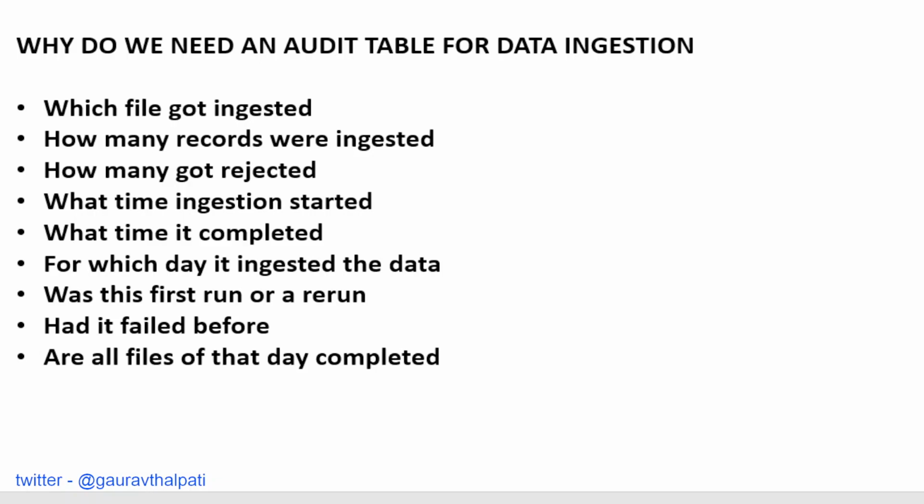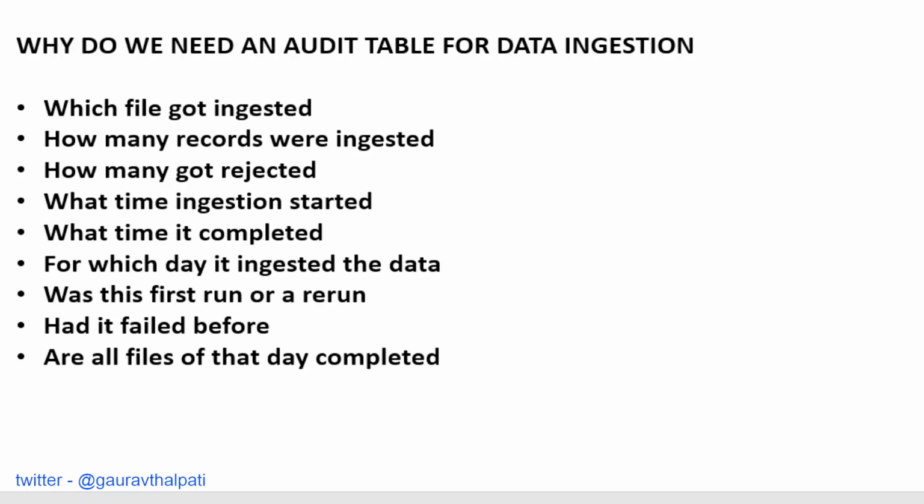Still, you need to have a mechanism to indicate how many records are present in the file and whether all of those got loaded into your target system. It can be a data lake or warehouse. So you need to have that in the table. Let's say the file had 100 records, you need a column in your audit table to say the file had 100 records and 100 are loaded.